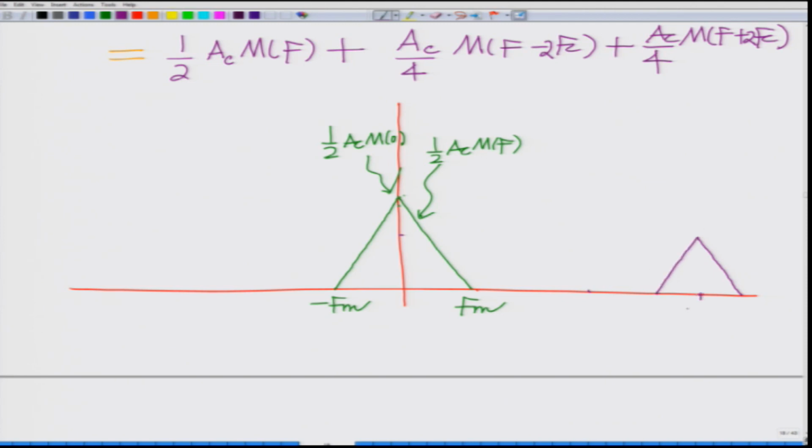So this is at 2 FC, you have a component which is 1 over 4 AC MF minus 2 FC, and similarly on the other side at minus 2 FC you are going to have another component.